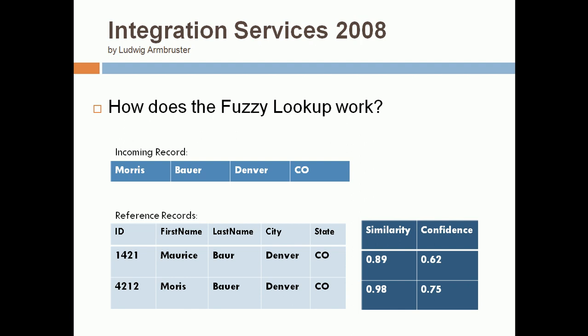So the thing here is that based on that comparison, and also depending on the threshold, which I'm going to explain in just a second, the process probably would assign this incoming record to 4212, but it depends on the threshold, and it also might not be correct. So that is something a little bit confusing, but as we go through that series, I want to make sure that it all comes across.